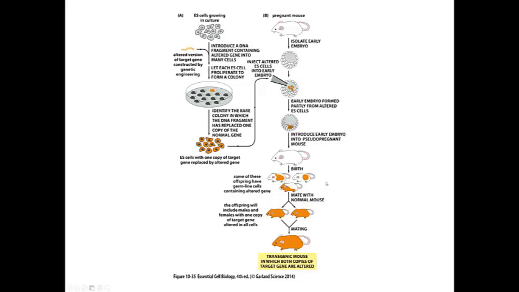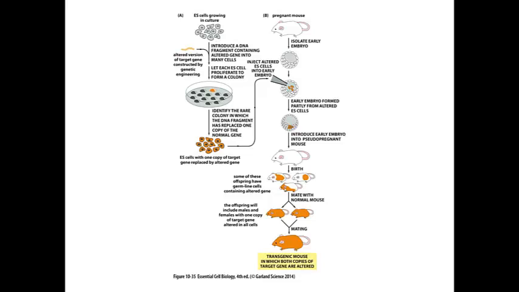And then the mice that are born are chimeric because they are a patchwork of recombinant and not recombinant cells, right? And back in the embryo, some of them were from the altered stem cells, and some of them are just normal embryo cells.